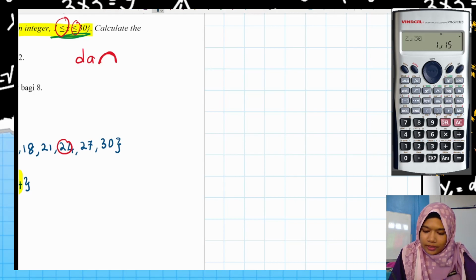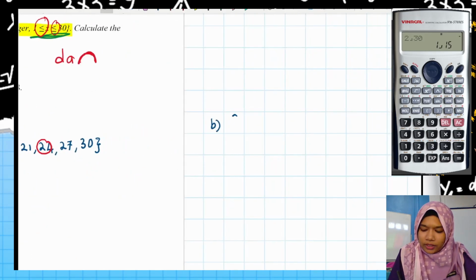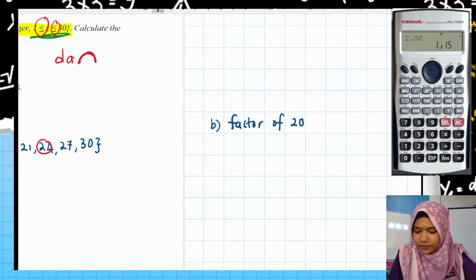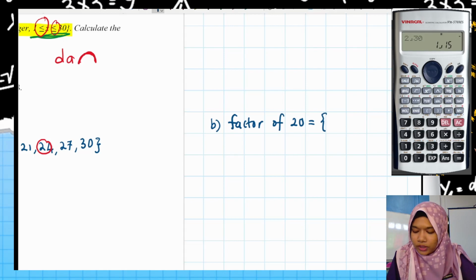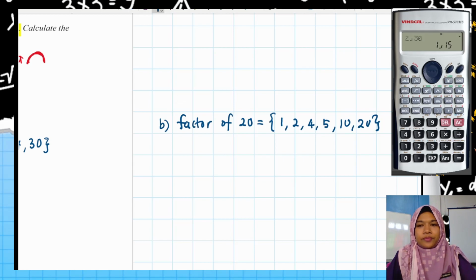So, this one for the question B. Factor of 20. What are the factors of 20? 1, 2, lagi 4, 5, 10, and 20.